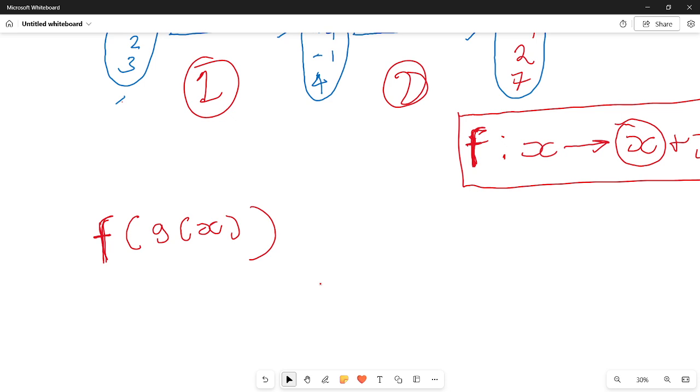And we can also write the same using the following notation. It can be written as f, open bracket, the circle symbol, g of x.